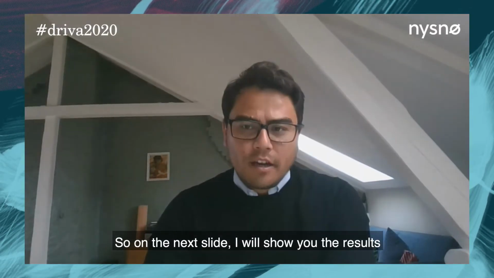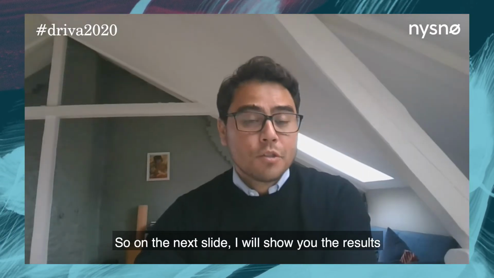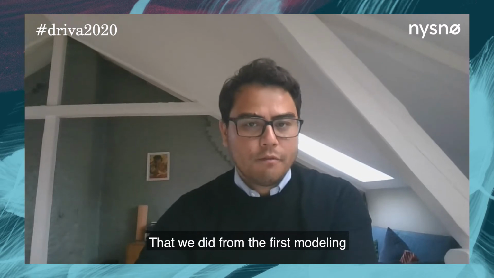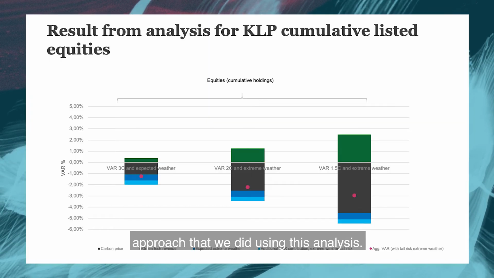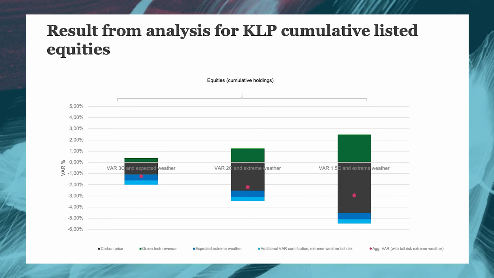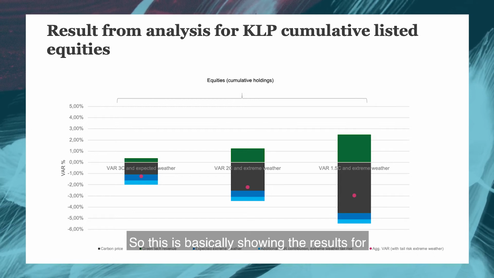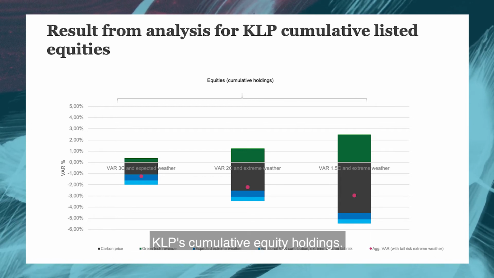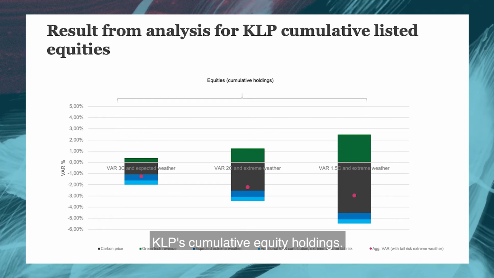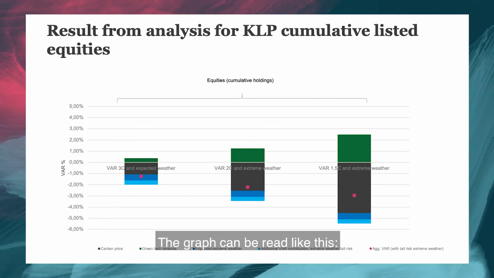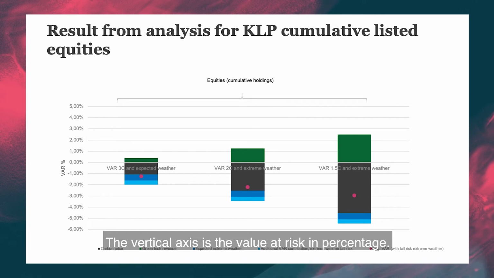So on the next slide, I will show you the results from the first modeling approach that we did using this analysis. This is basically showing the results for KLP's cumulative equities holdings. The graph can be read like this. The vertical axis is the value at risk in percentage.